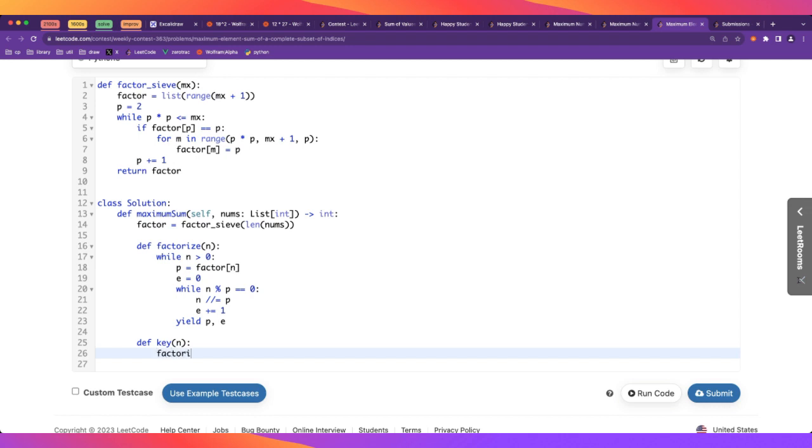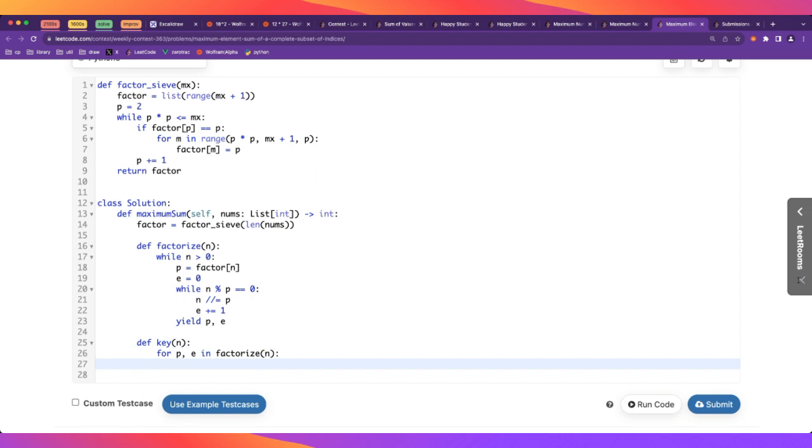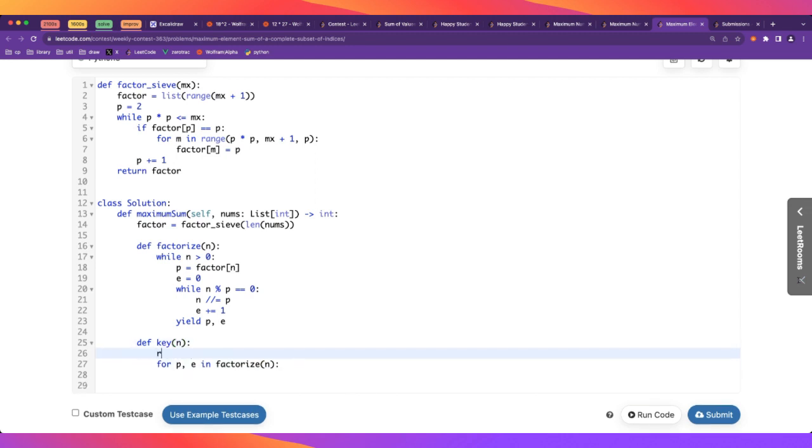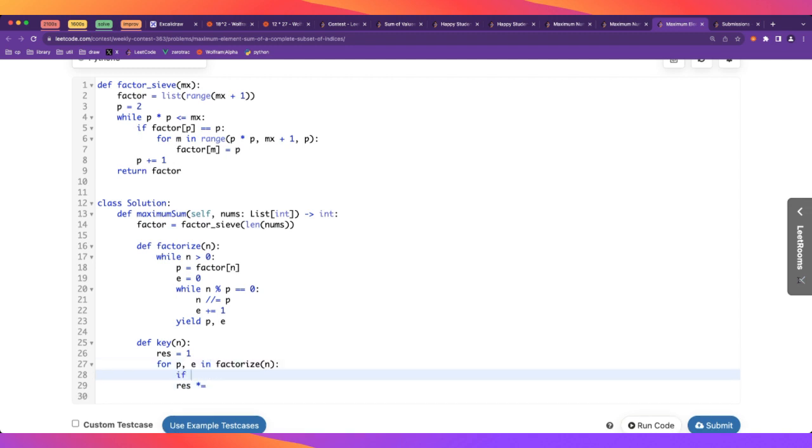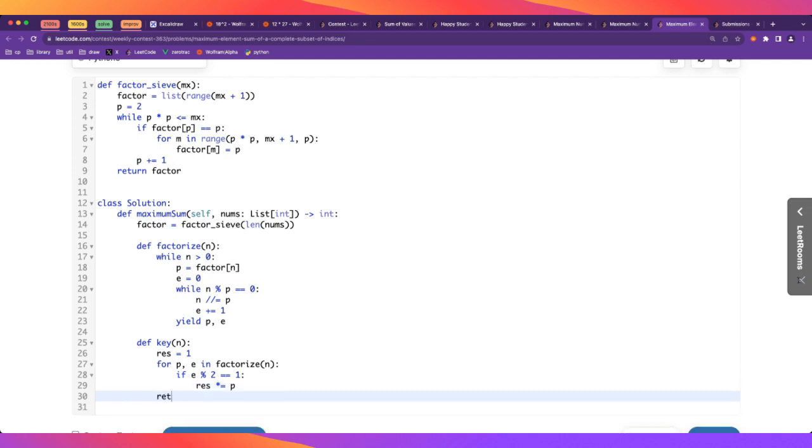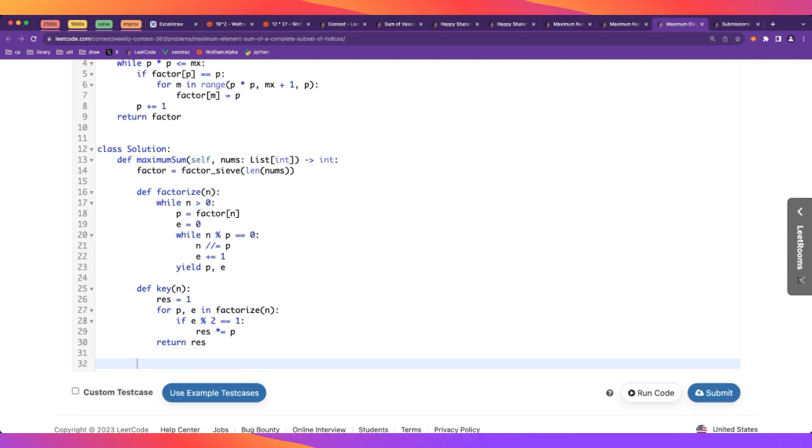Well, we factorize n, and for every prime and its exponent, we are going to keep the prime only if e is odd. So this is going to be our representative of each number.